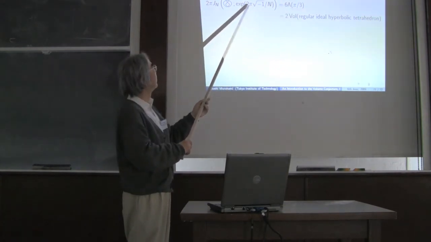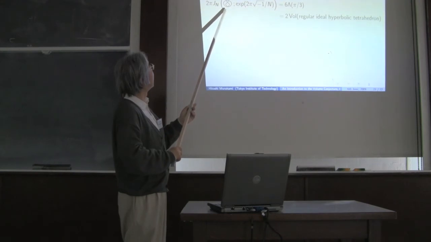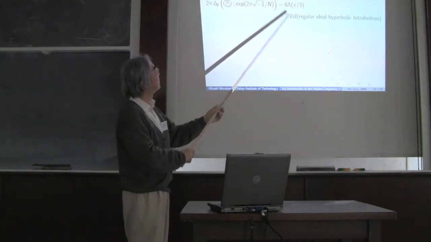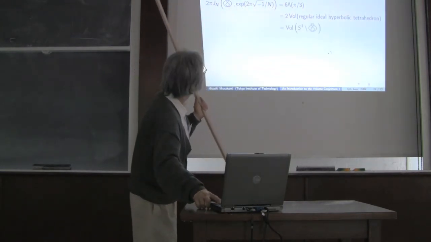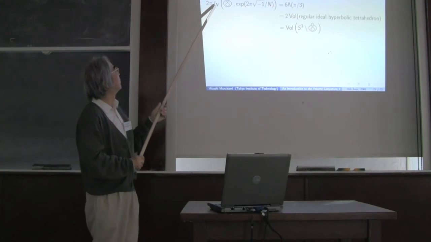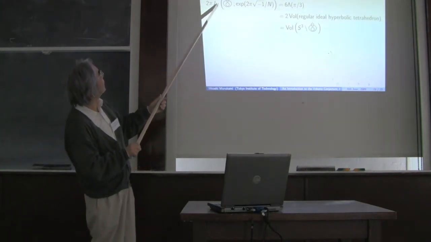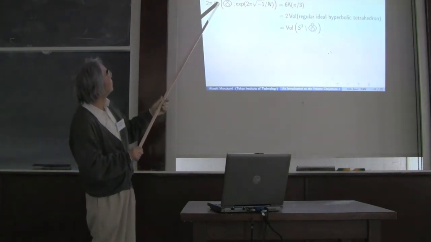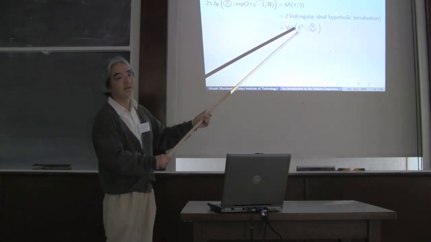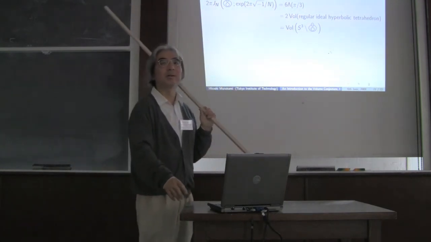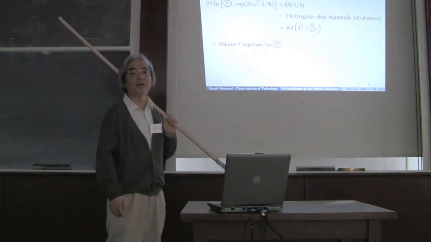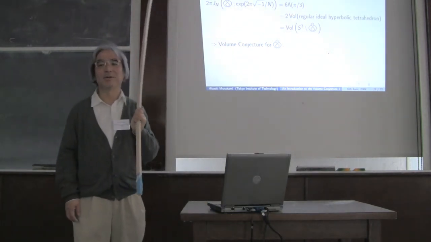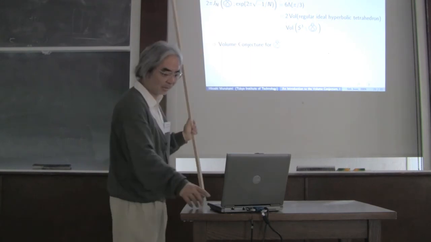So the volume of the figure eight knot complement is twice of this. So we need to divide by n here. Anyway, sorry, we need log. 2 pi of log of J n over n is equal to the volume of the hyperbolic complement. So this completes the proof of the volume conjecture, at least for the figure eight knot.